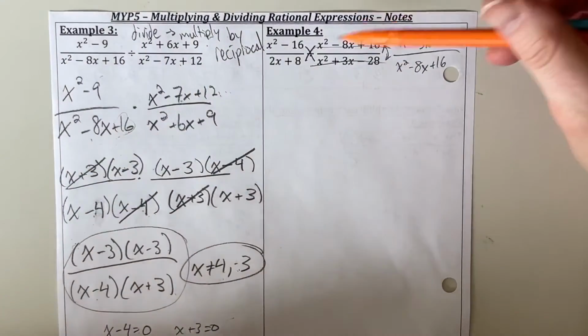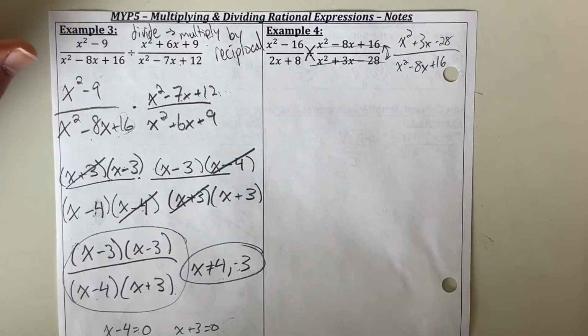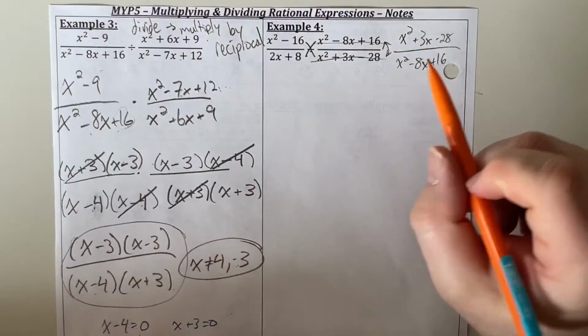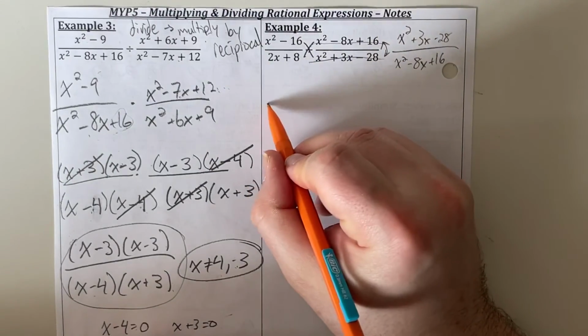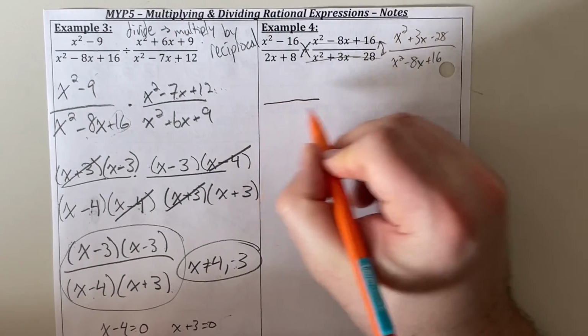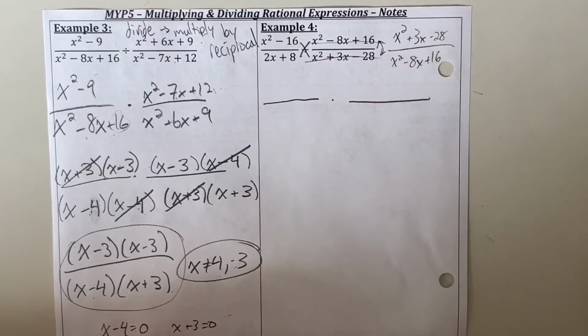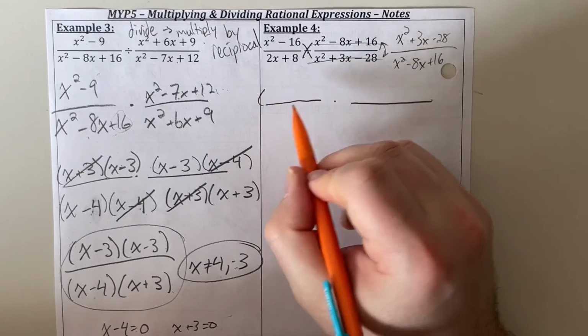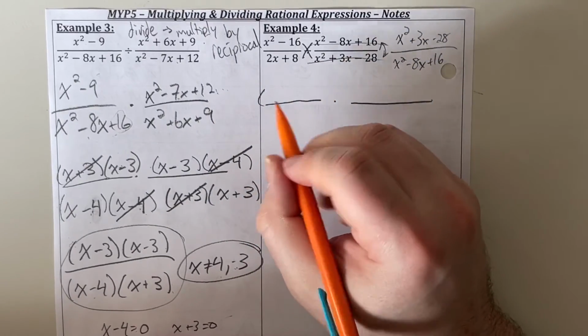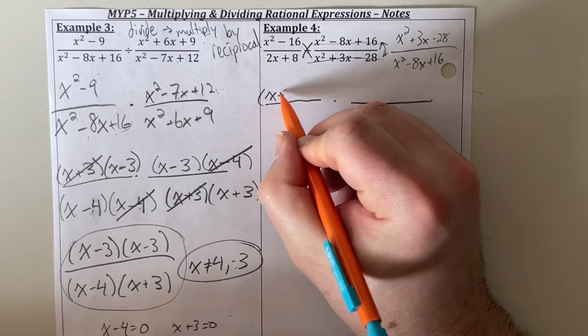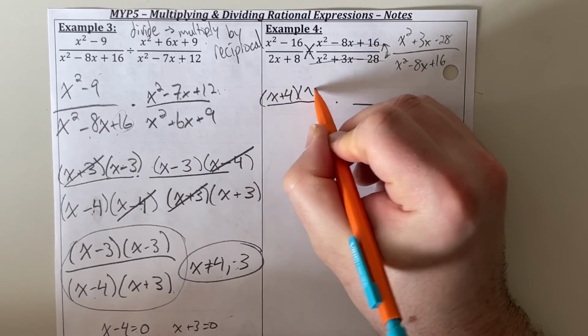So again, make sure you're multiplying by that reciprocal when you divide those fractions. So now what I can do is rewrite it when I factor. So I have, like so, 2 sets of parentheses for these quadratics. So I'm going to have x plus 4, x minus 4.